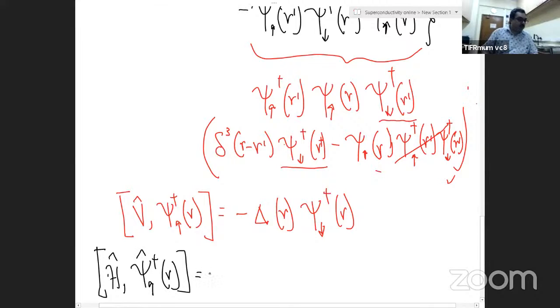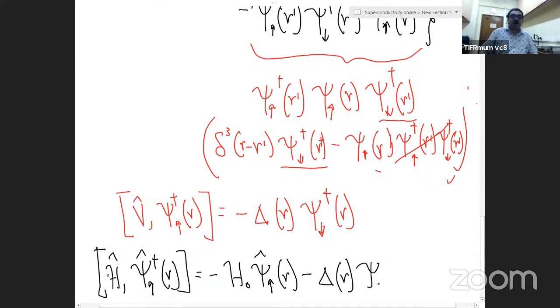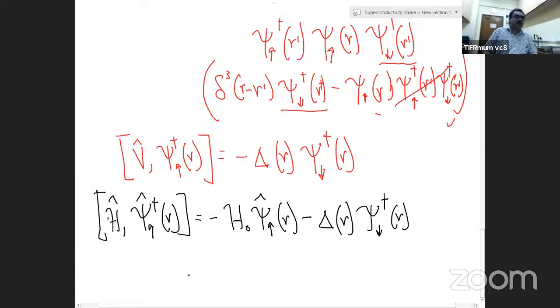All right, so this one is minus H naught psi up R minus delta of R psi down dagger of R. Now you can write psi up and psi down in terms of U's and V's.